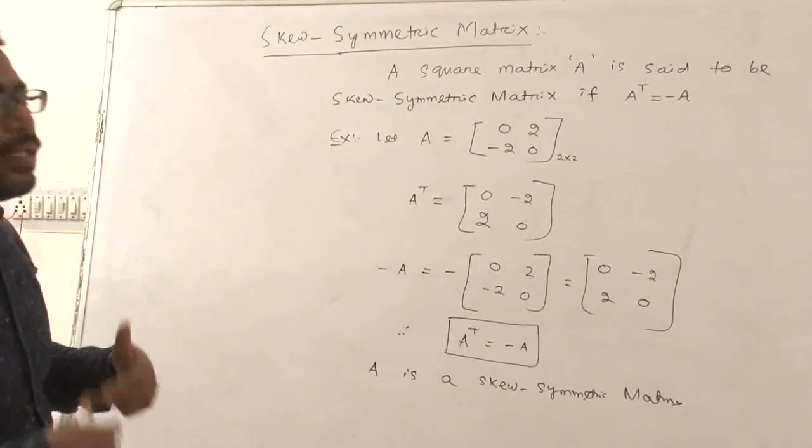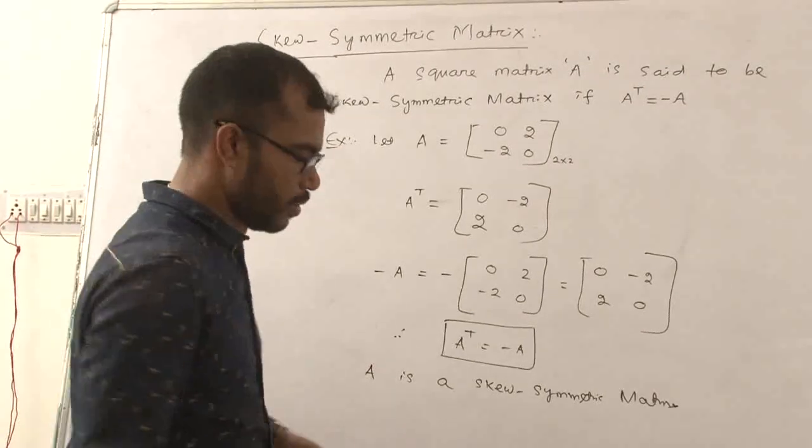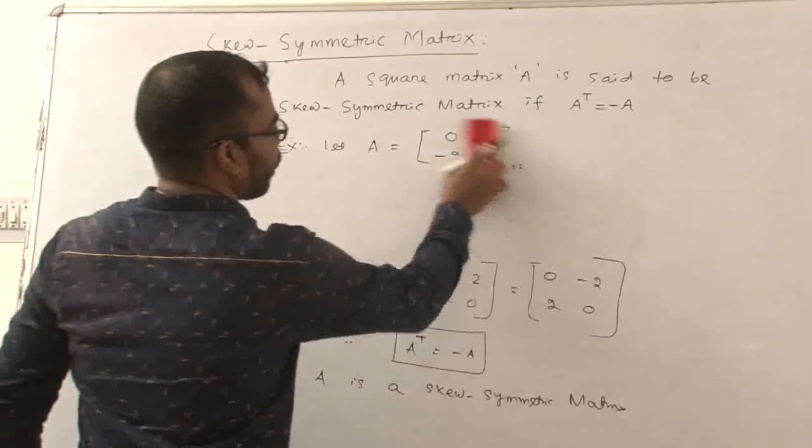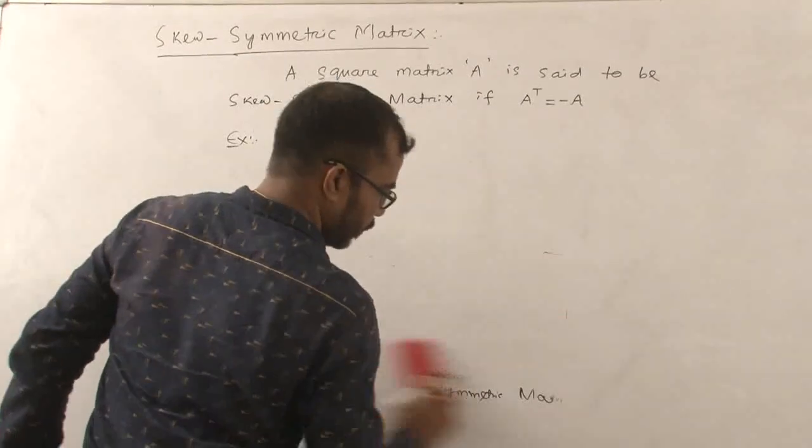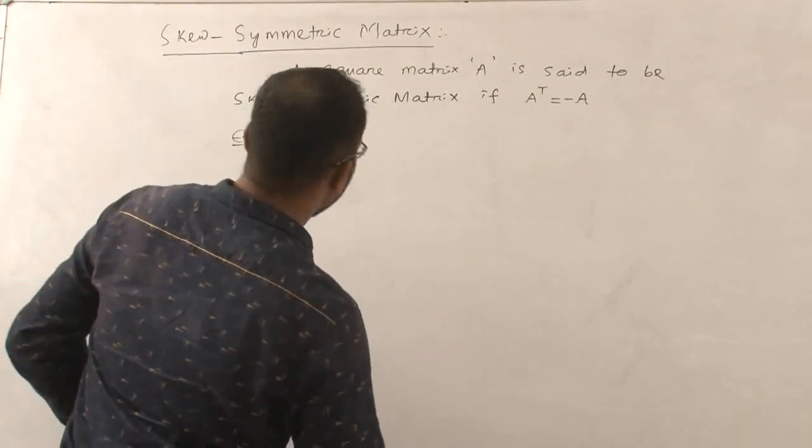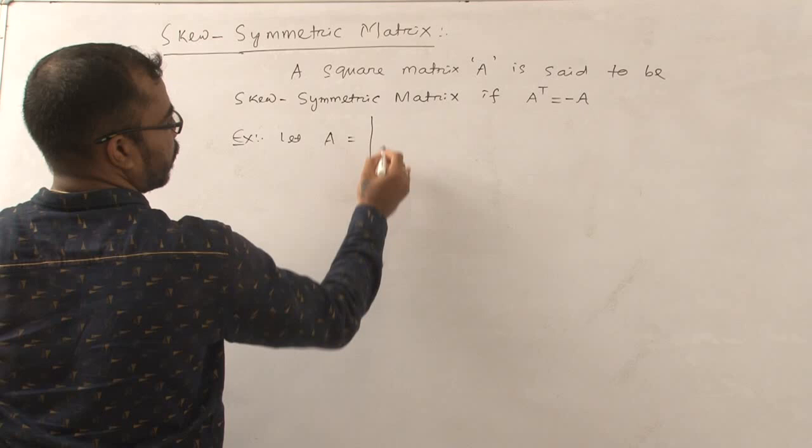Now we take another example of order 3 into 3. Let A be the matrix.